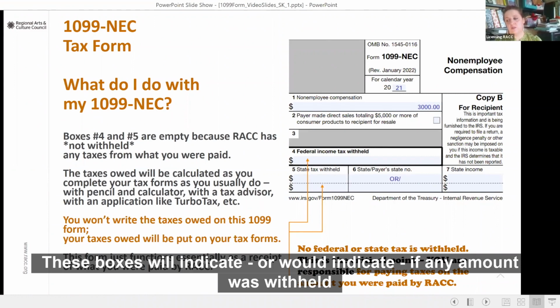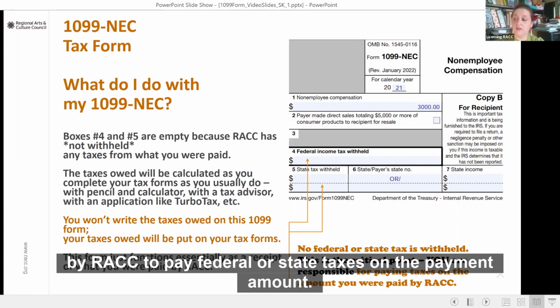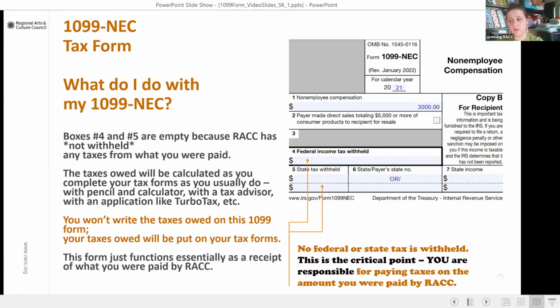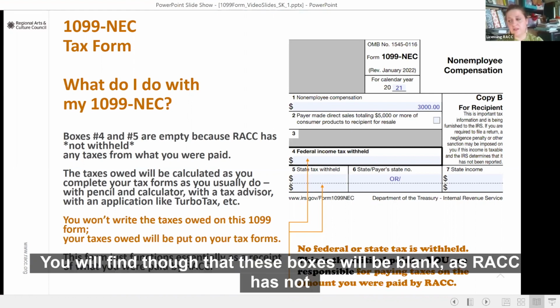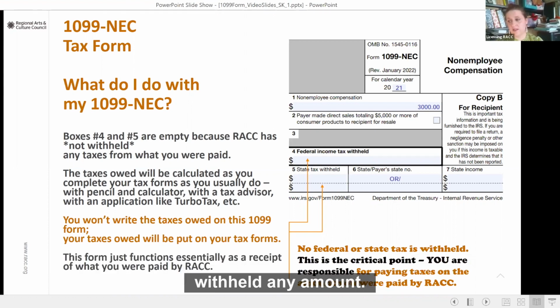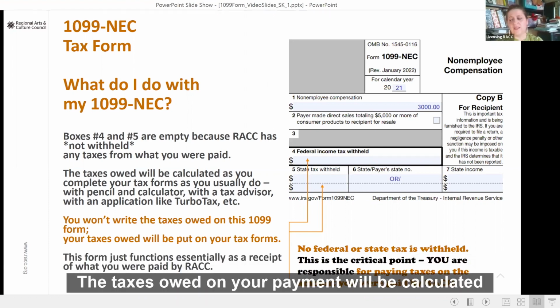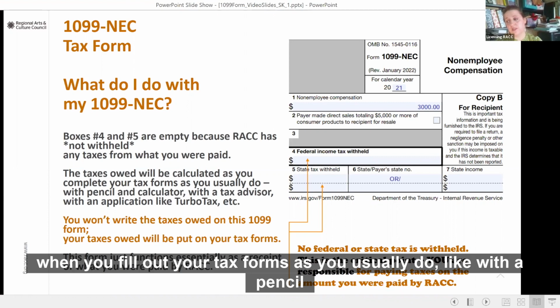These boxes would indicate if any amount was withheld by RACC to pay federal or state taxes on the payment amount. You will find, though, that these boxes will be blank, as RACC has not withheld any amount.